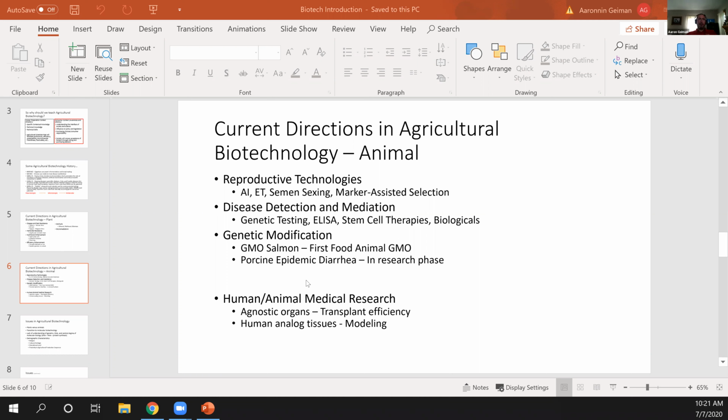And of course, if you pay attention a little bit to the news, about a year ago, the USDA approved the first food animal GMO, which is genetically modified salmon that grows nearly twice as fast as its wild counterpart using the same inputs. And so that's some of the directions we go with those in animals.